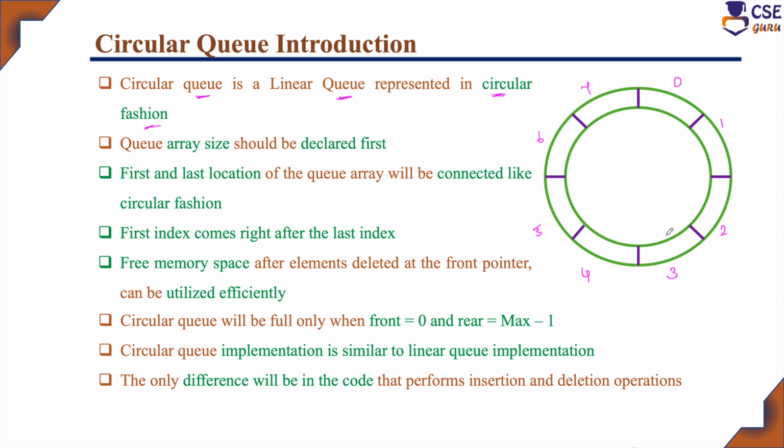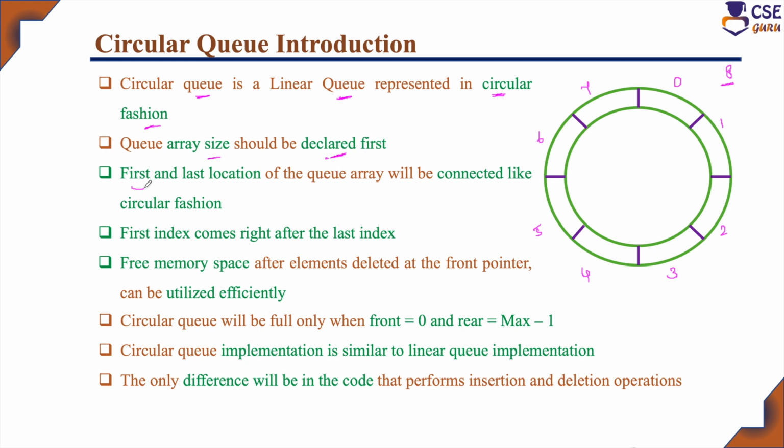But what we can overcome here is the drawback of linear queue: if the front pointer memory location is free, we can utilize it efficiently in circular queue. And here the queue array size should be declared first. For example, here 0 to 7, totally 8 memory locations we have declared first.